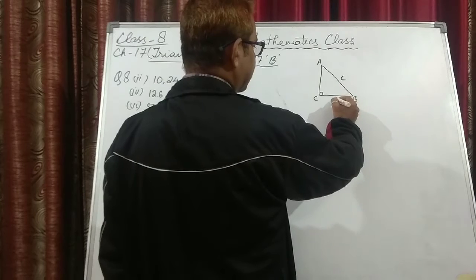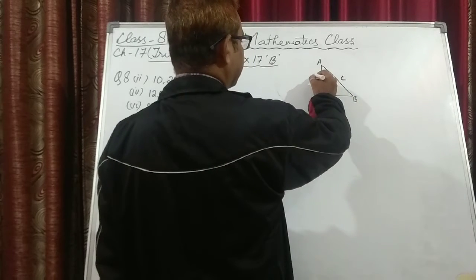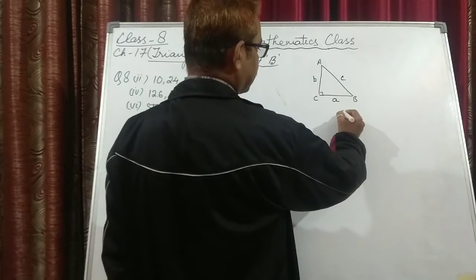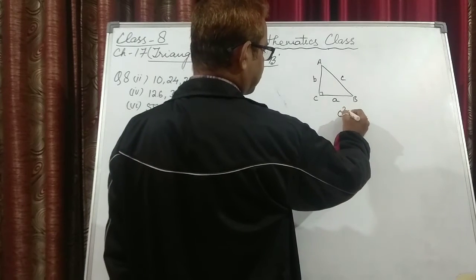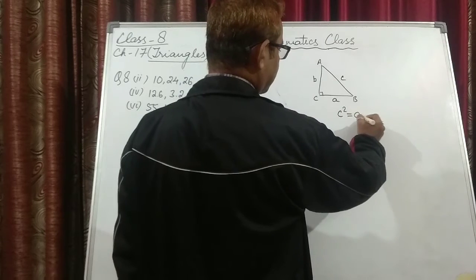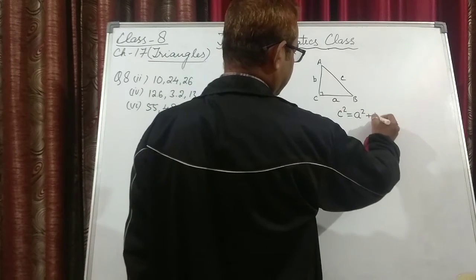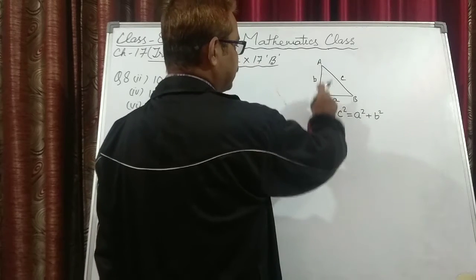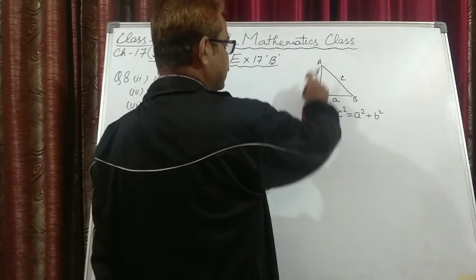And let this side be of length A and let this side be of length B. So always remember, if C square, that is hypotenuse square, is equal to A square plus B square.